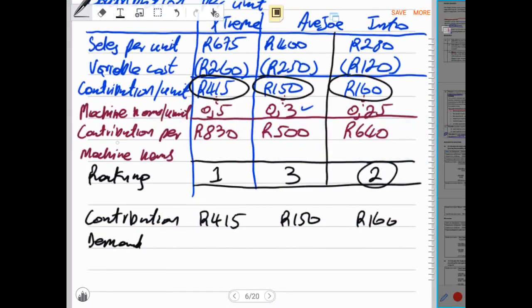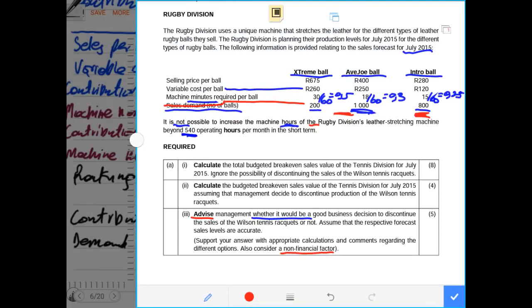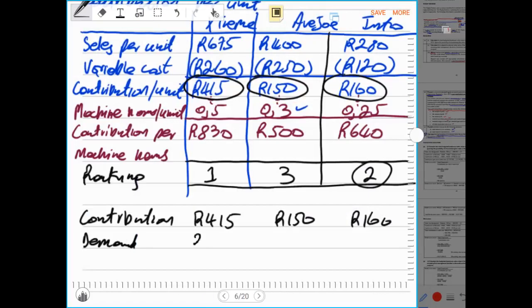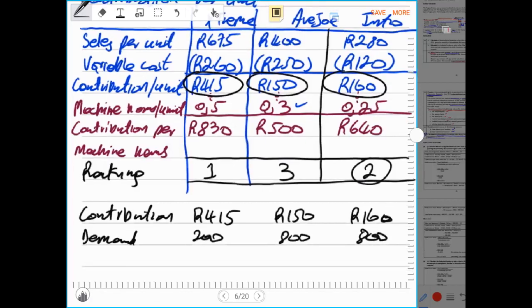We intended to manufacture 200. This will be 800, remember, no longer 1,000. The company can no longer produce that 1,000. So 200, 800, and 800. So now we multiply that by 200 because this will be manufactured. They will only manufacture 800, and here they will manufacture all their 800.